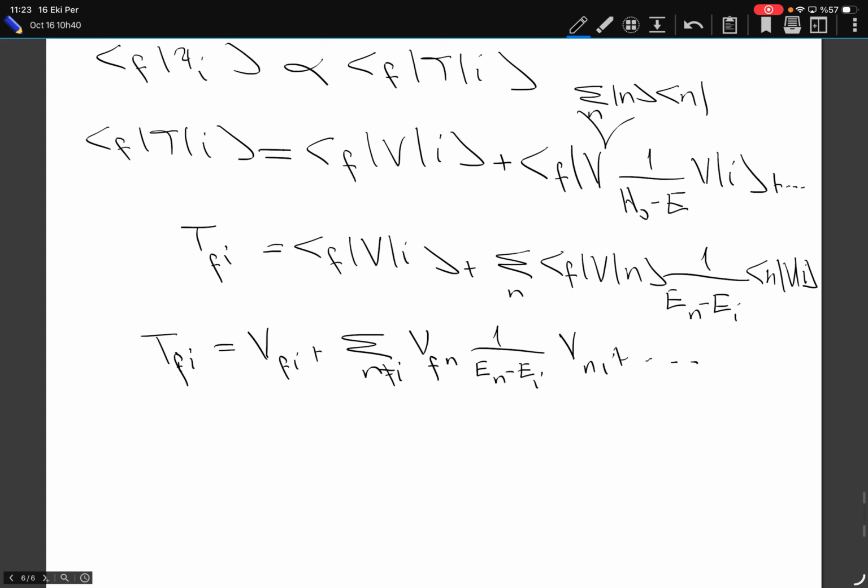It's usually the way to avoid the singularity of the inverse operator of H minus E. In the case of discrete states, you can make sure that the degenerate states do not appear in that sum, so you don't have the divergence problem. If you have a continuum of states, this plus i epsilon prescription, you can actually prove that it is the correct prescription, and then you don't have any divergence problem.